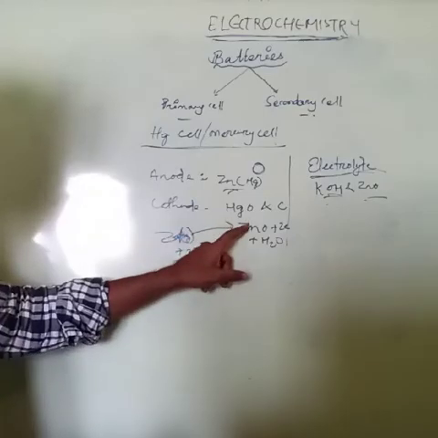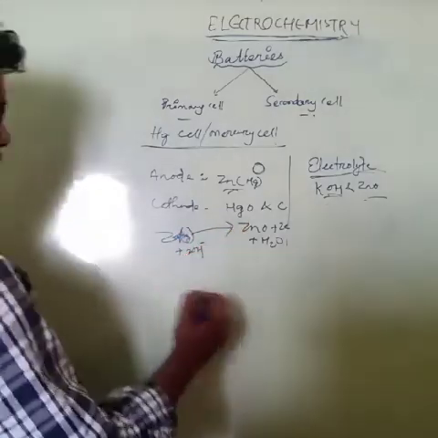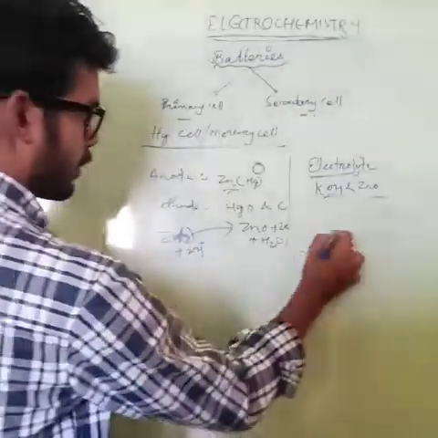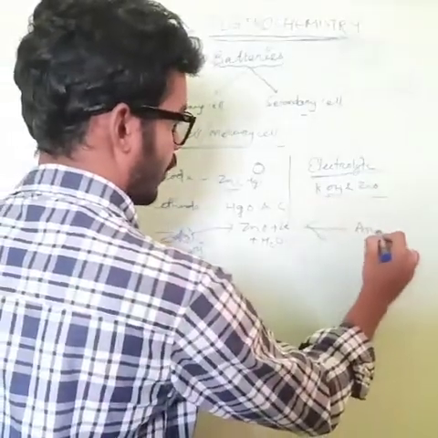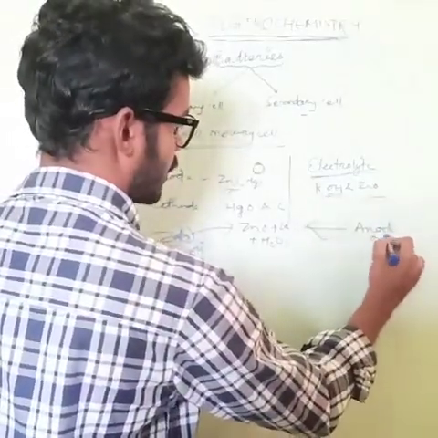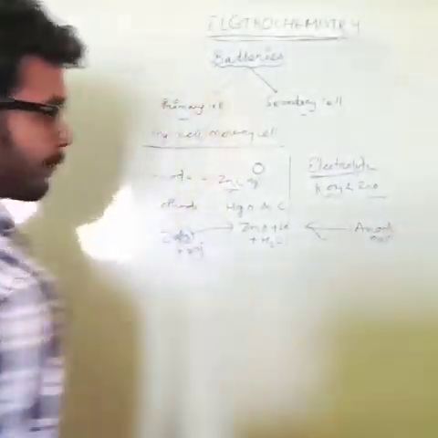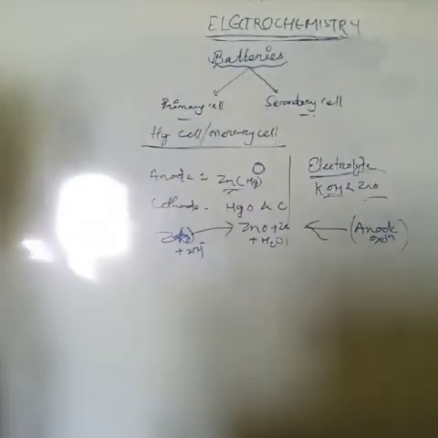So what happened in the cathode? This is the anode, or oxidation. Now we'll write about the cathode. What happened?